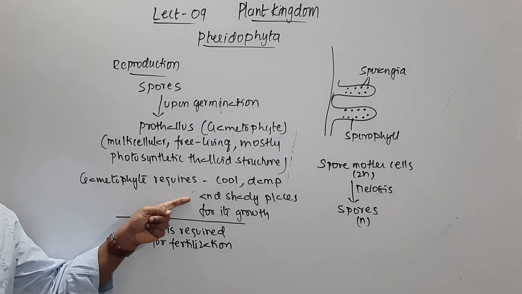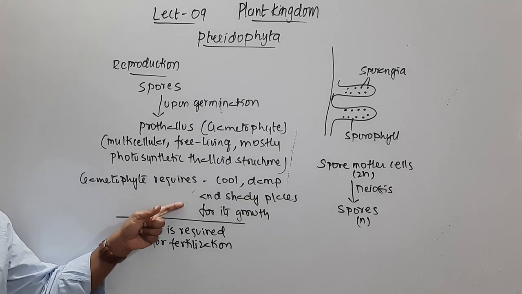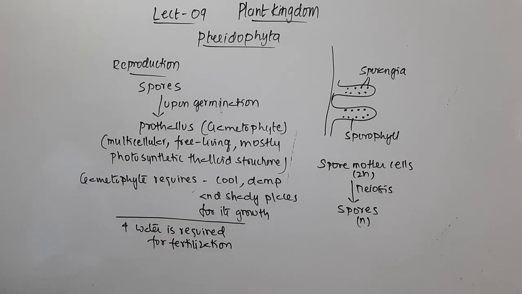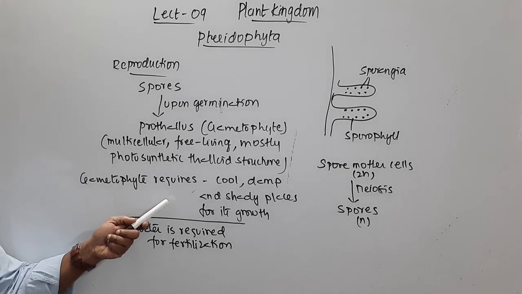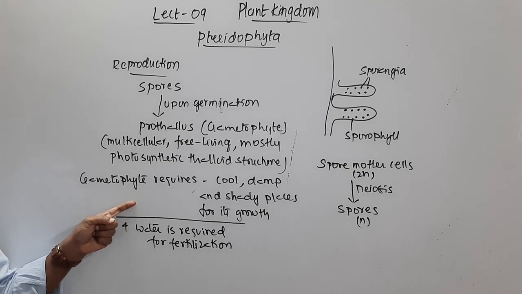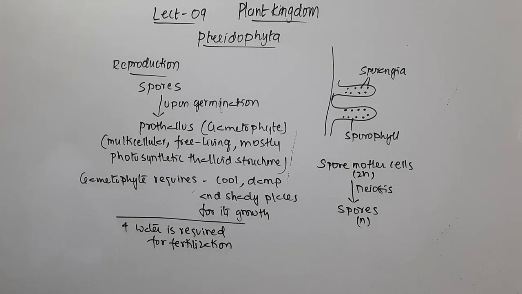So because of these requirements, the number of pteridophytes is limited. These cool, damp and shady places have nowadays become very less, and because of these two criteria, the distribution of pteridophytes is limited.